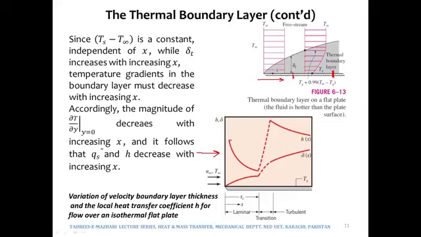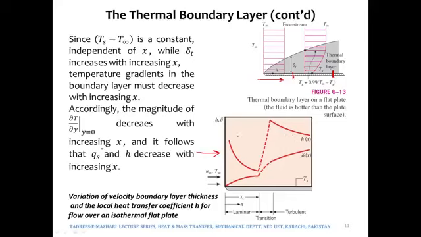But when we look at the curve of h, this is the curve for delta, meaning delta would change with x, and this is the curve for hx, the change in the heat transfer coefficient with x in the x direction.